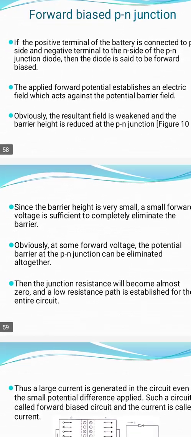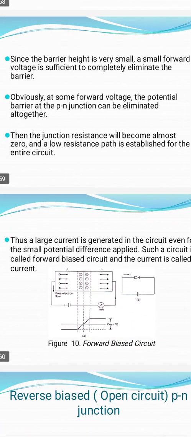In this forward biasing, see the first point we mentioned. When we apply some voltage, the positive terminal is connected to the p-type.